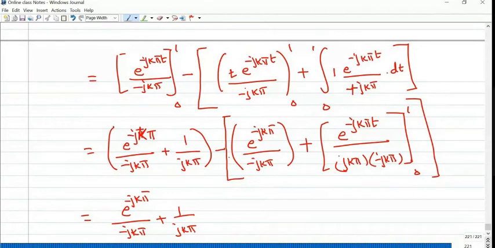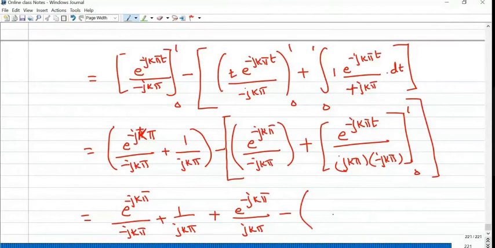And I'll put minus into minus plus. So e power minus jk pi divided by jk pi. This minus into plus, I'll put minus. Sorry, I'm taking this part now itself. Okay, no problem, it's minus.